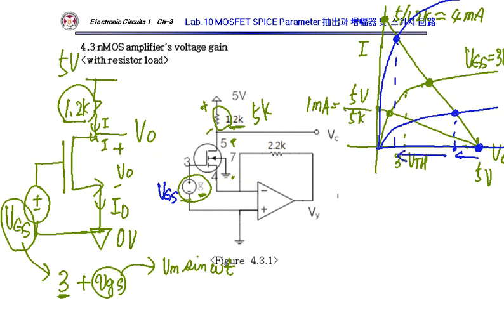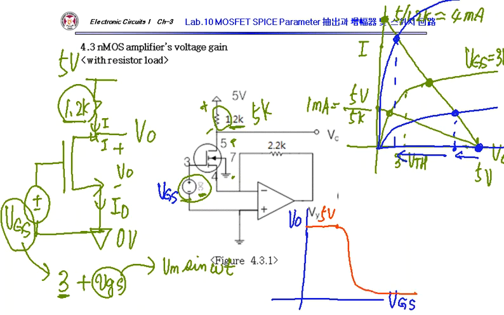So if I plot VGS, which is the input voltage, and VO, when VGS is very small, VO just stays at 5 volt, and then reduces a little bit, so it goes asymptotically to 0, okay?